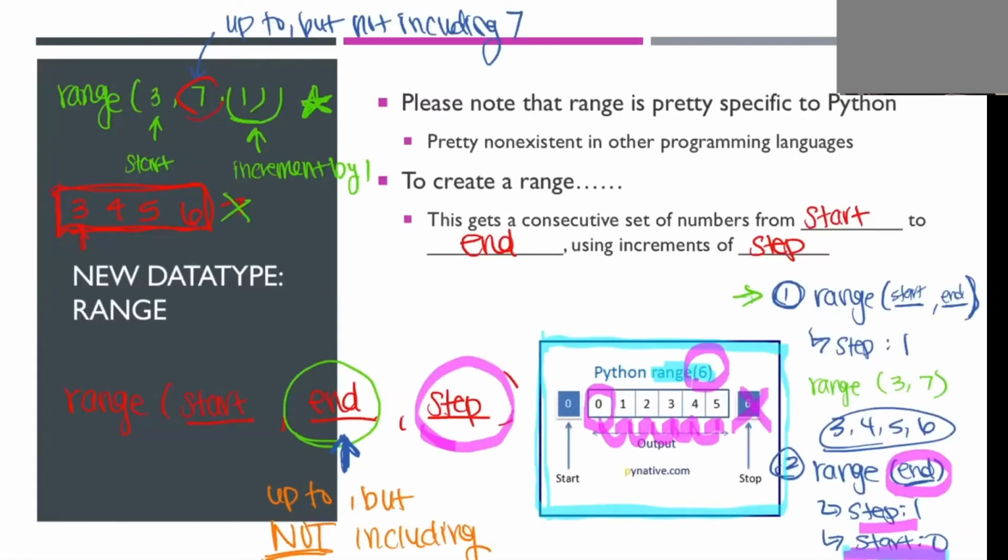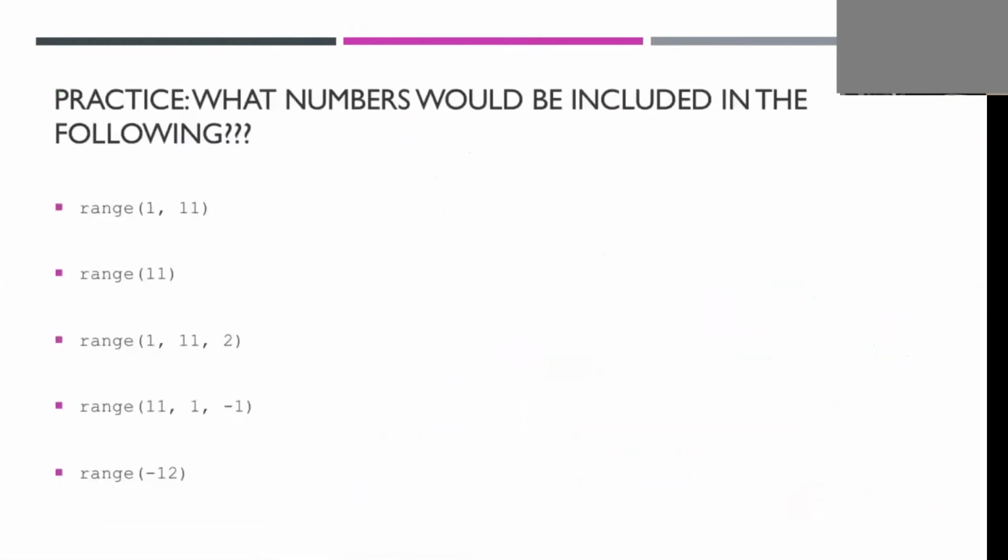So remember, this would fall under this case right here, where you only have 2 inputs. So that means the step is automatically set to be 1. So what would the range of numbers be for the first one?